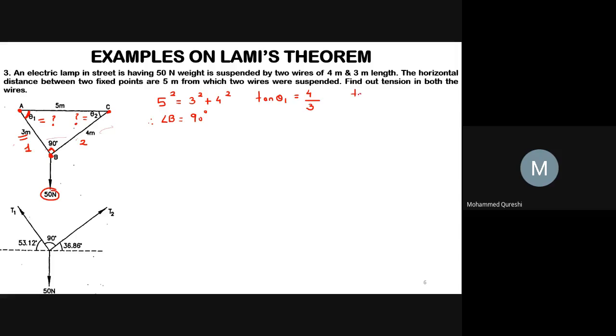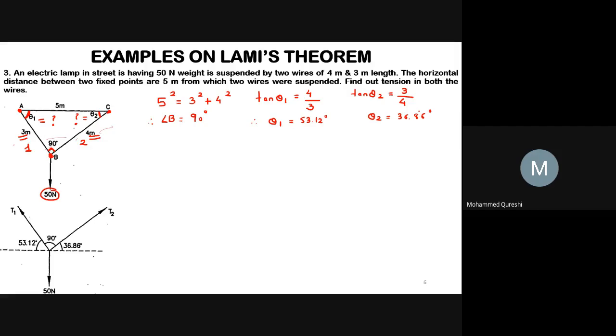And similarly, tan theta 2, we are calculating this angle, so opposite will be 3 upon adjacent 4, 3 by 4. So, after solving this, you will get theta 1 as 53.12 degree and theta 2 as 36.86 degree.